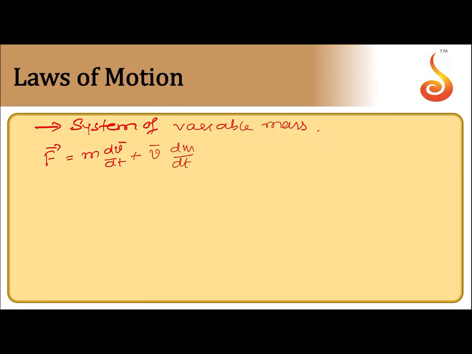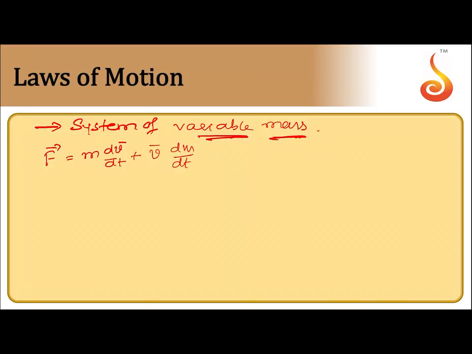In such cases where the mass itself is changing with respect to time, for example, a water tanker which leaks out water, or a conveyor belt on which mass is placed continuously, or the case of rocket propulsion where the exhaust gases are thrown out continuously, the system may be gaining mass or losing mass.